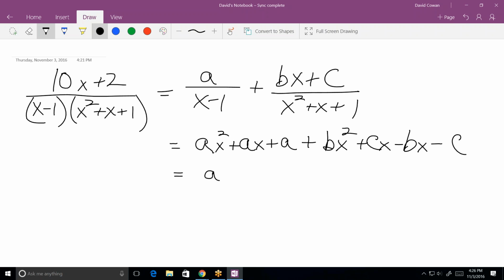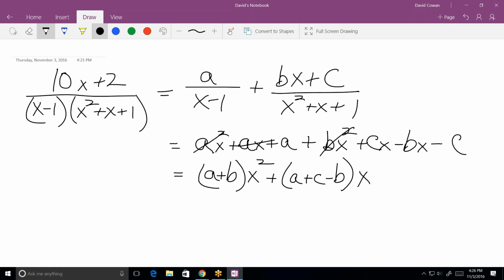I'm going to factor out the x squared, but I'm going to put it to the right instead of to the left. So (a plus b) x squared, plus (a minus b plus c) x, which gets rid of that, that, and that, plus (a minus c).